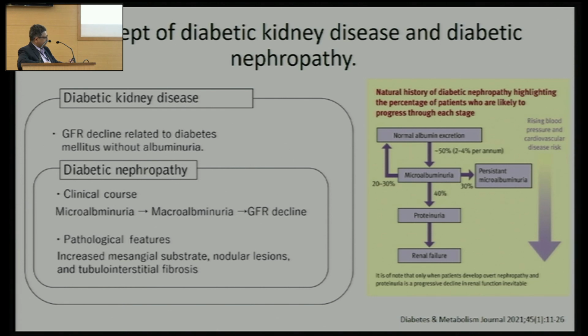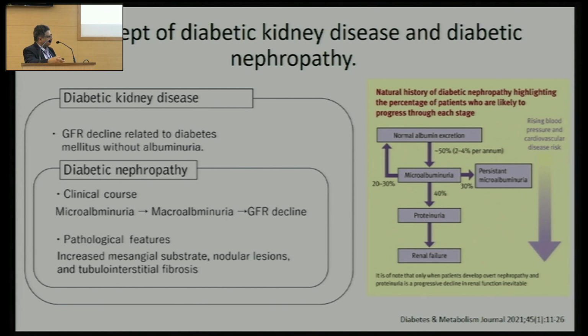There are a few features by which we should suspect NDKD, and they are severe proteinuria, as I told, more than 6 grams, active urinary sediment, rapidly falling eGFR, and low eGFR with little or no proteinuria.